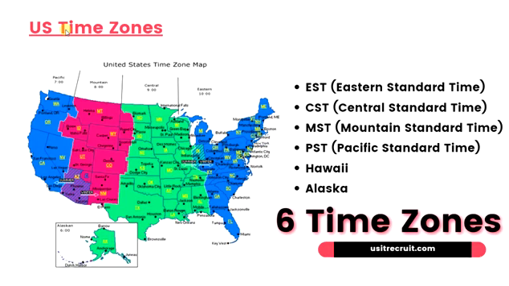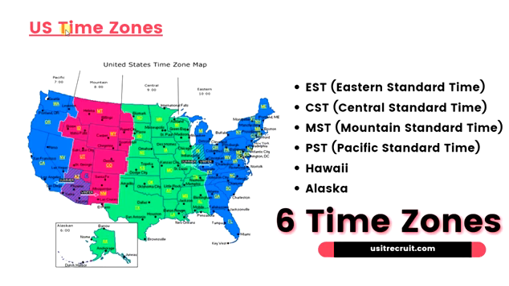As a US IT recruiter, you should consider only the 4 time zones. Those are EST, Eastern Standard Time, CST, Central Standard Time, MST, Mountain Standard Time, and PST, Pacific Standard Time. The other 2 are Hawaii and Alaska.